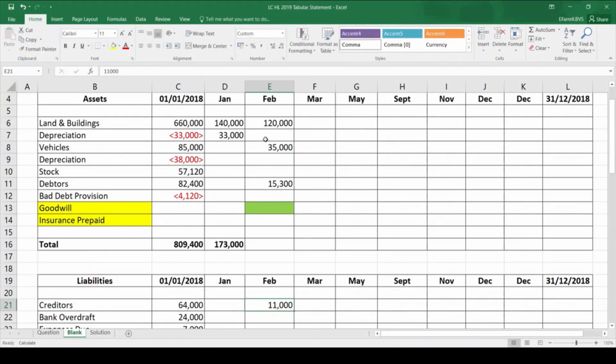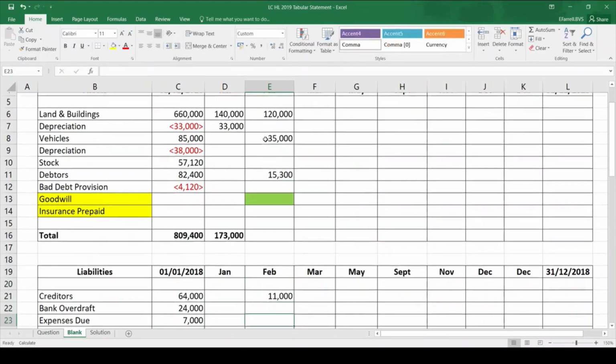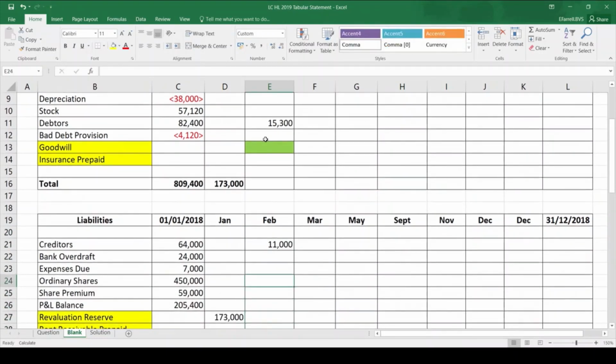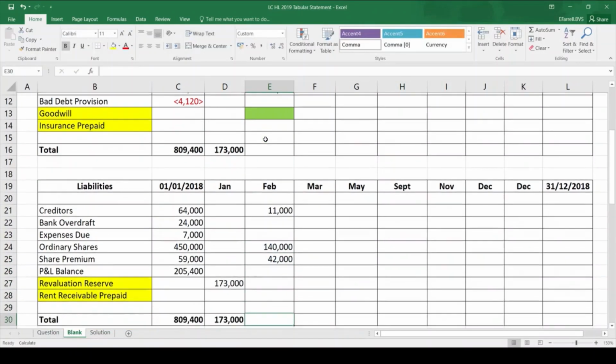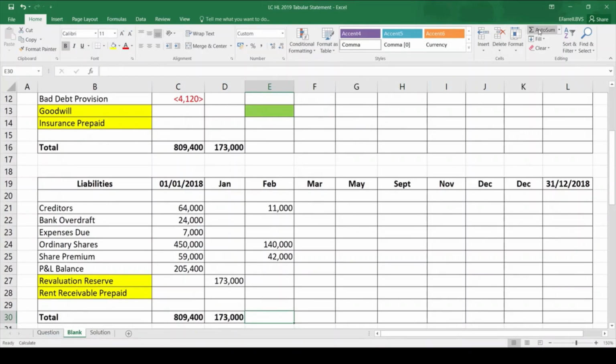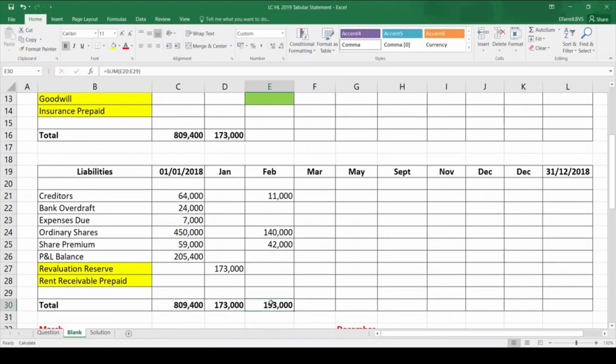And the question says the purchase price was discharged by granting the seller 140,000 shares. So ordinary share capital will go up by 140,000, and there is a premium of 30 cents per share. So the share premium is 140,000 by 30%, which is 42,000. Now we total the liabilities. They come to 193,000.